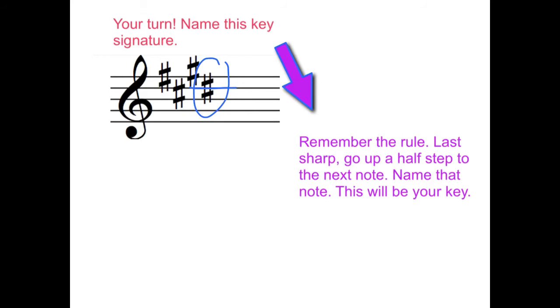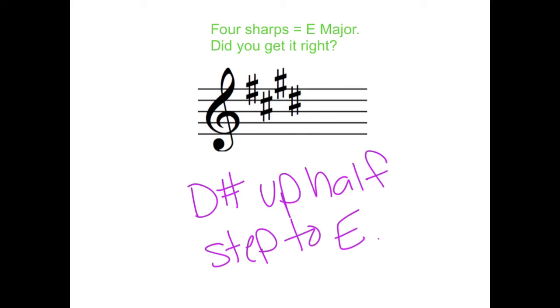Okay, hopefully that gave you enough time to think. If not, pause the video and return to it. And welcome back. So, 4 sharps is E major, right? We had a D sharp, it fell on the D line.